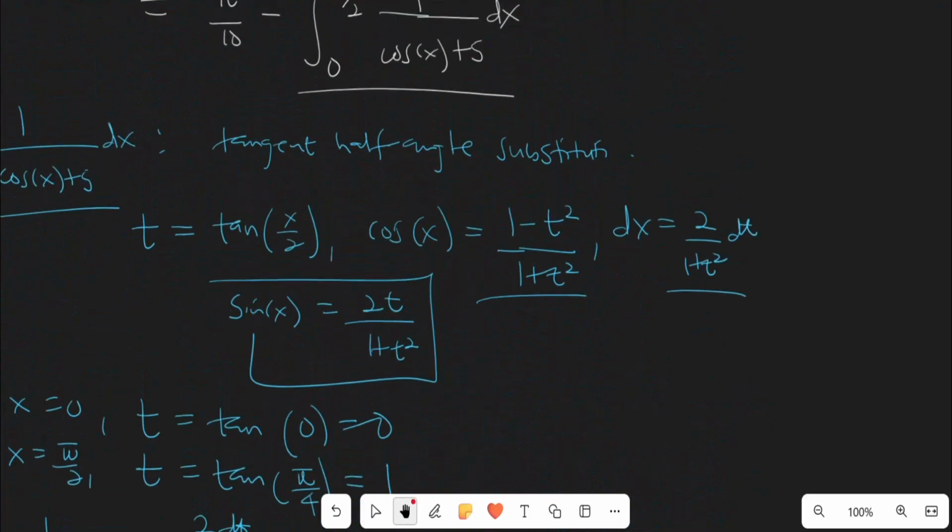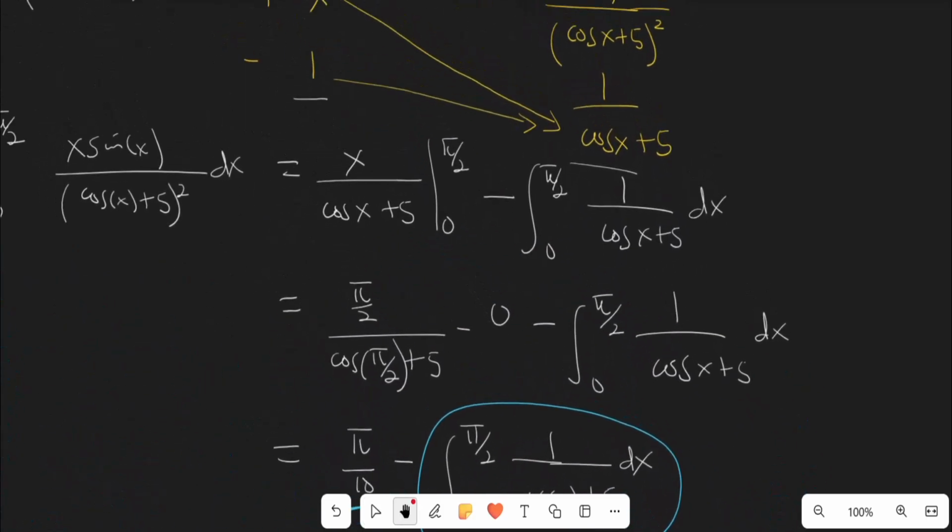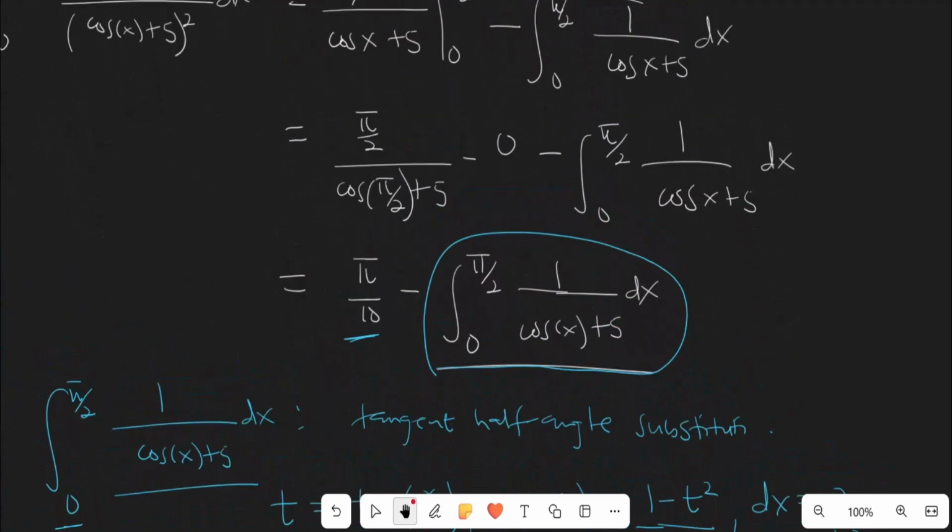But then we will have to subtract that from pi over 10. So this integral we just found to be the value down there. We are going to subtract that from pi over 10, and that should be the value of our original integral.